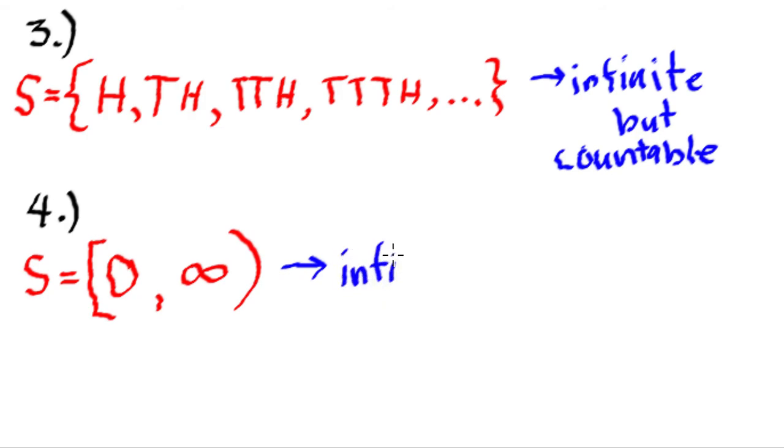So from 0 to positive infinity. So we say that the answer here is infinite. Okay, it's infinite, or shall we say infinite and countable. Rather, not countable, infinite and uncountable. Sorry about that.